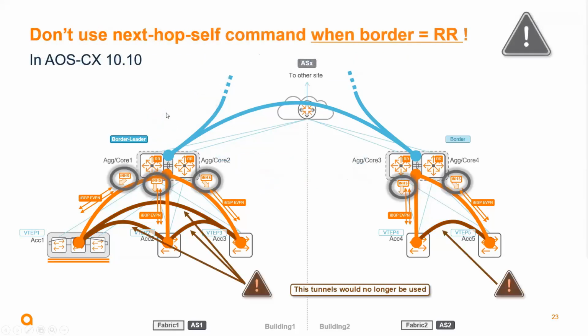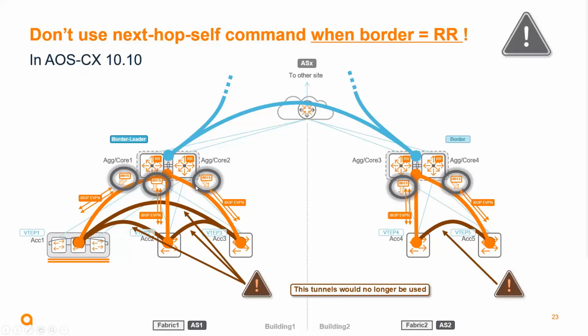So do not use the Next-Hop Self command when the border is route-reflector in 10.10. This is the outcome and the cautionary note that I initially shared with you. Otherwise, those tunnels here that I put in dark color will not be used, because those EVPN routes will be overridden by the IP of the core layer. So this tunnel will not be used, right?